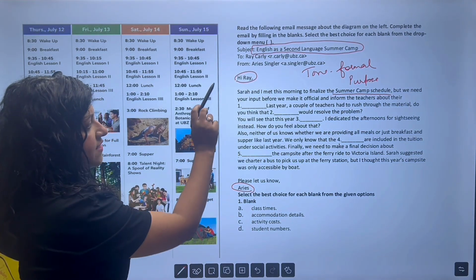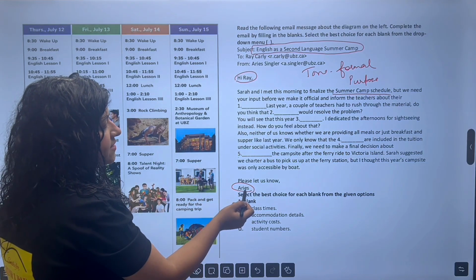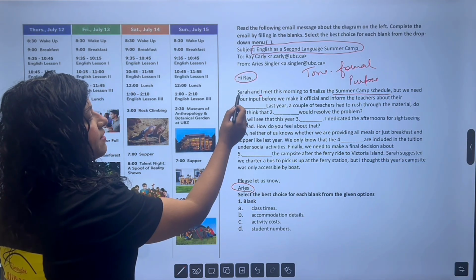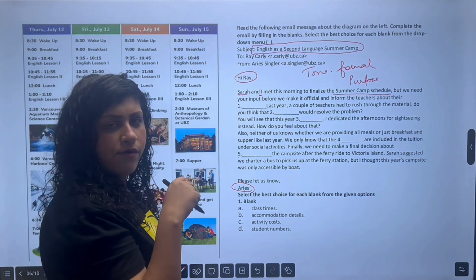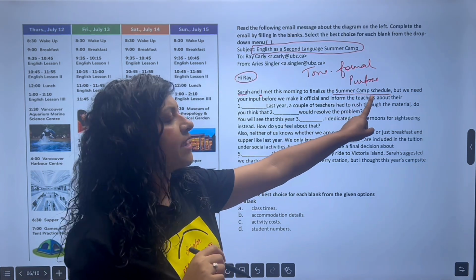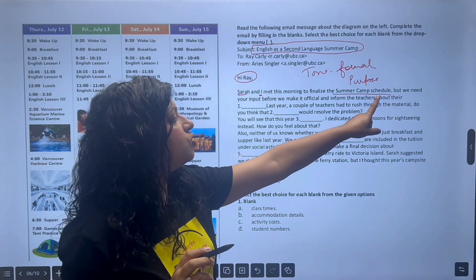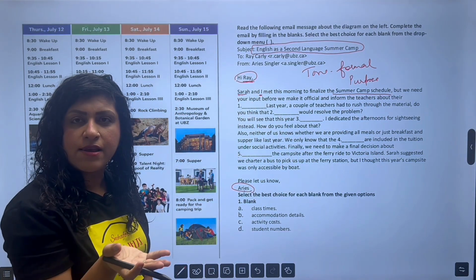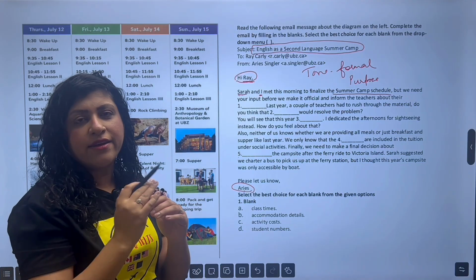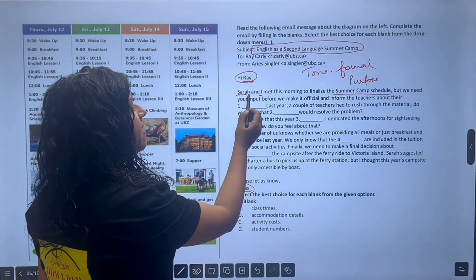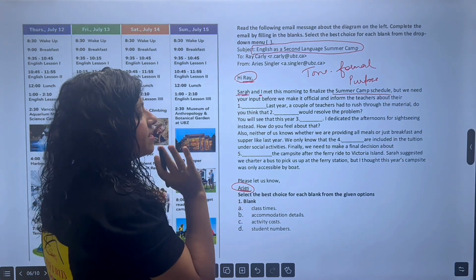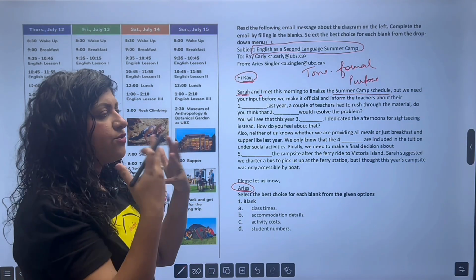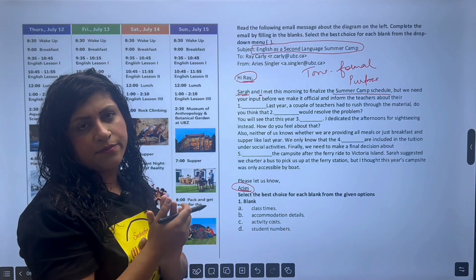So Aries is saying that Aries and Sarah have already finalized the summer camp schedule, but she is asking Ray for his inputs as well before they finalize the schedule that Sarah and Aries have already decided. So they're just trying to know the inputs of Ray.